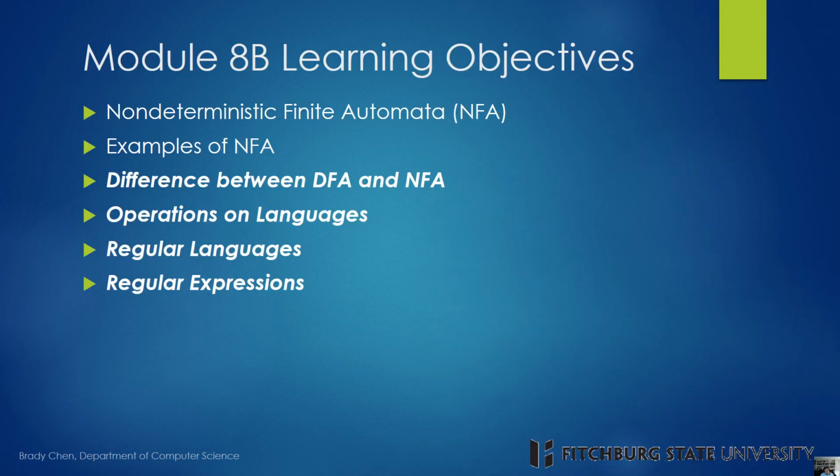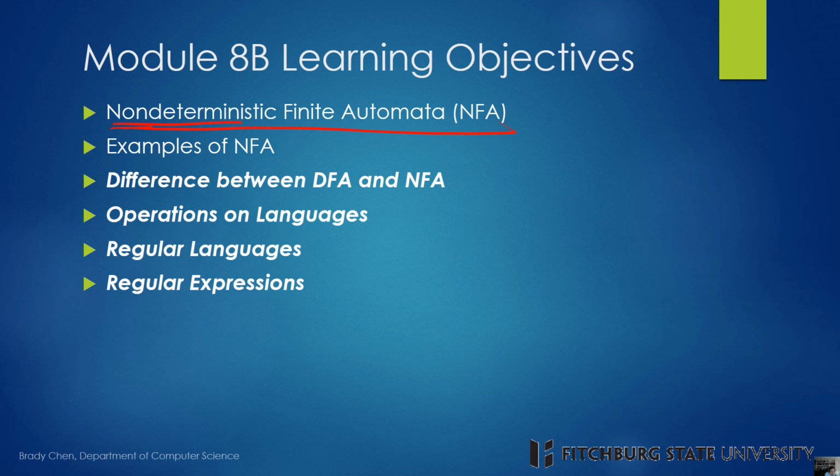In Module 8a, we discussed the nondeterministic finite automata, the NFA. Also, we provided some examples of NFA. Now, in the second part of Module 8, the 8b, we're going to discuss the difference between the deterministic finite automata and the nondeterministic finite automata.